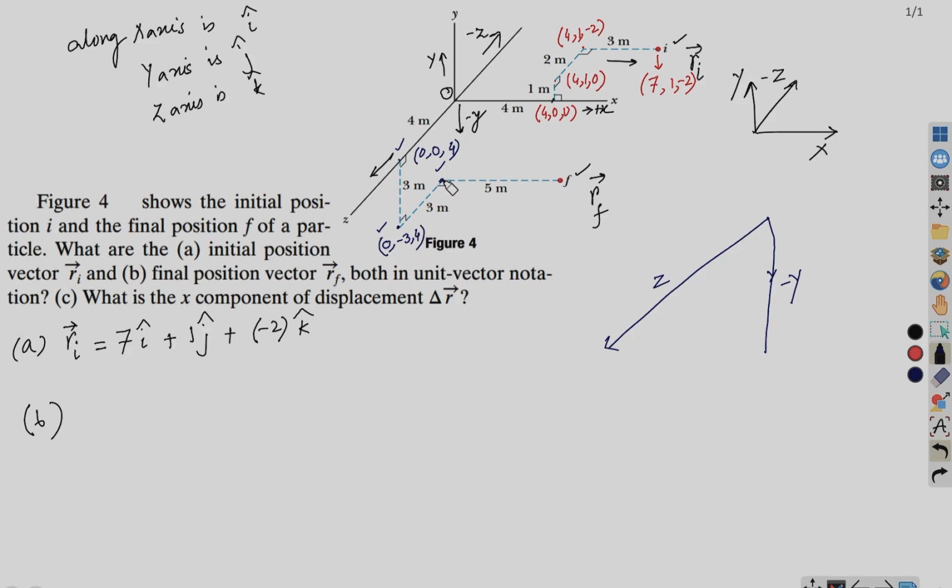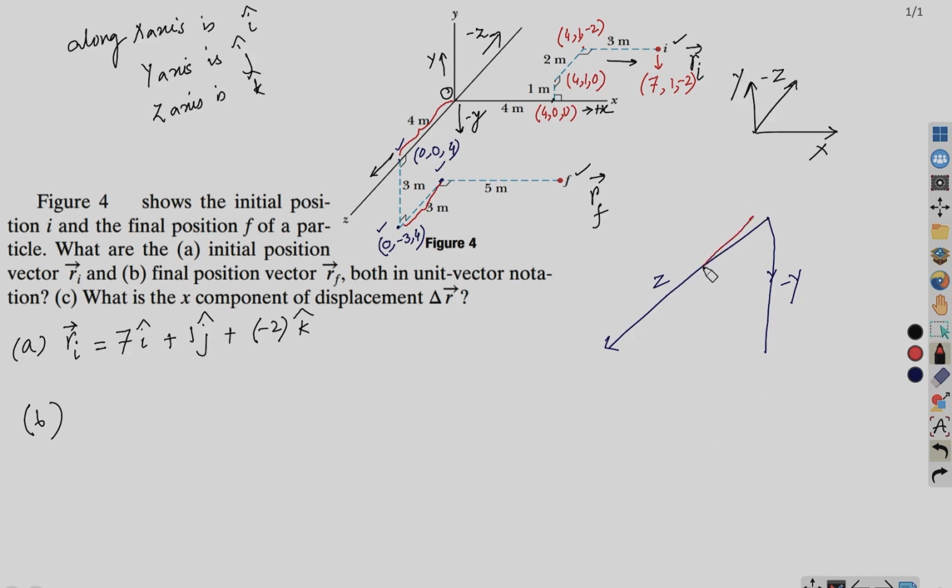Now what about the coordinate of this point? Now observe that this distance is 4 meter, right? But in this case, what is happening? We are going backwards to the 4 meter, right? We are moving in the opposite direction of 4 meter. It is something like this.